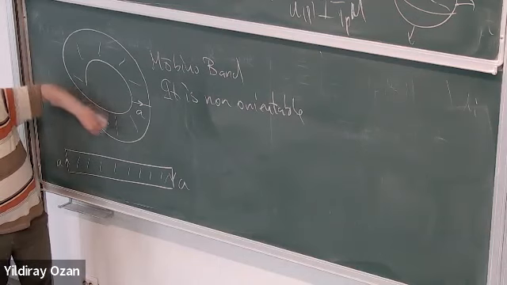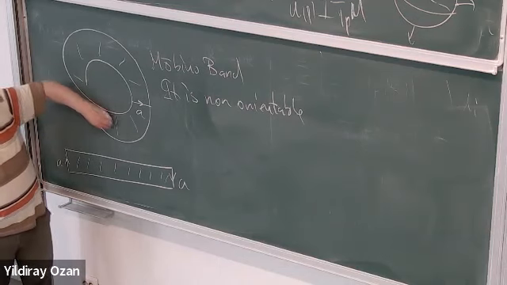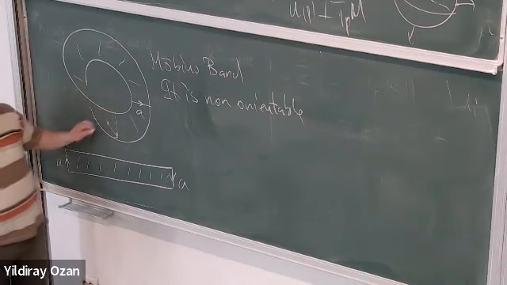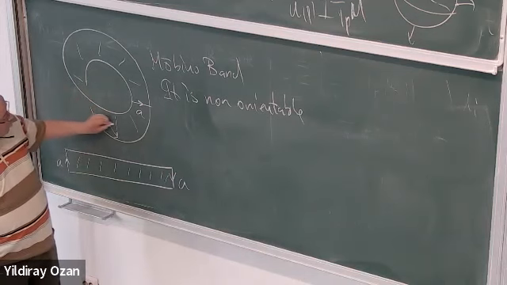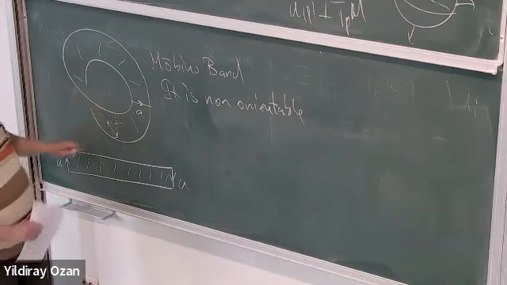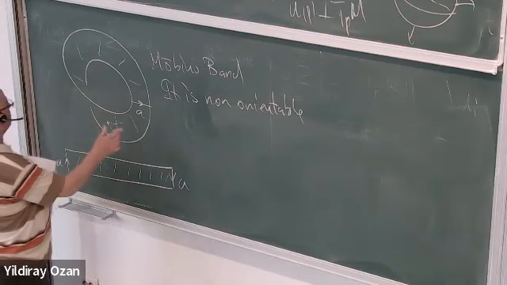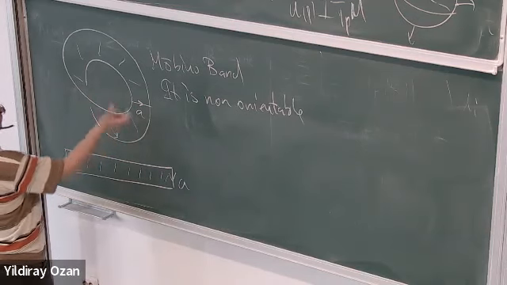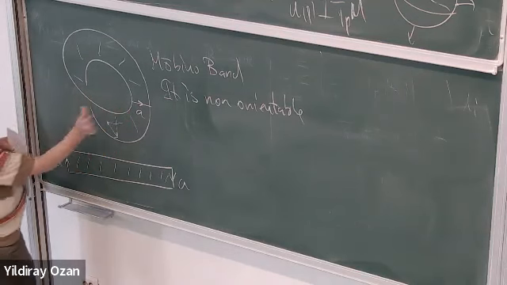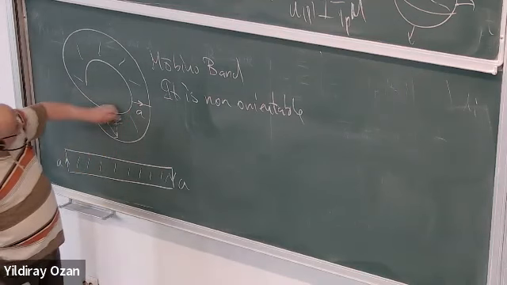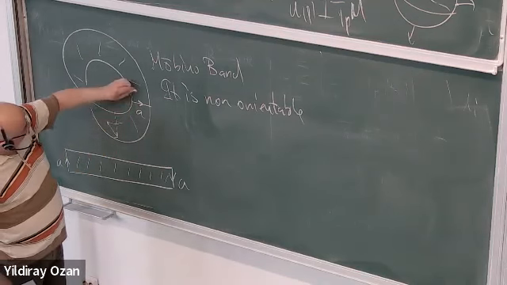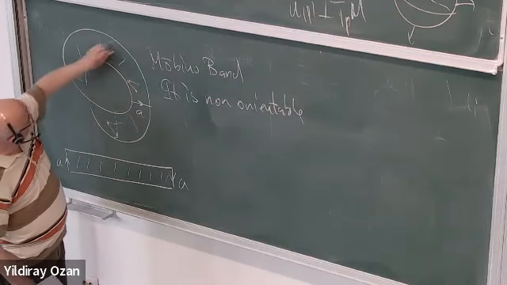Outside, it should point like outside the board, right? Like this. And as you move, that vector bends like this. So that vector will go like this.